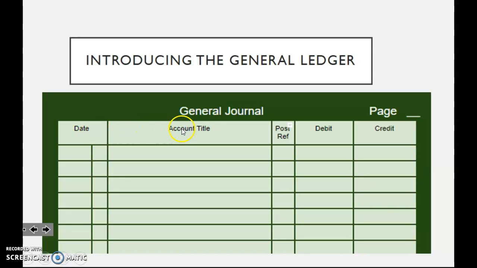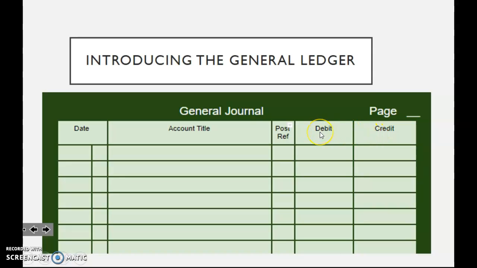Also, you have account title. So this is the T account. For example, if you were debiting cash, you would just list cash here. Posting reference is later on, so you don't have to worry about this column now. Just leave it blank. And then you notice you have a debit column and you have a credit column.